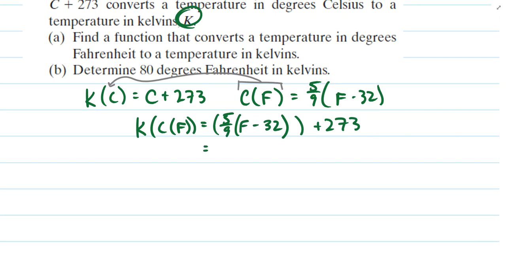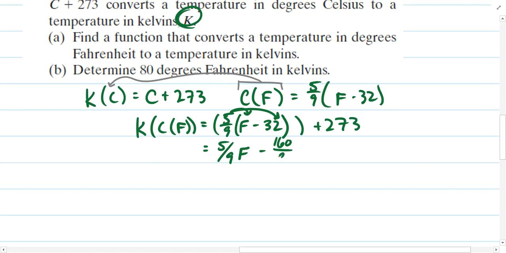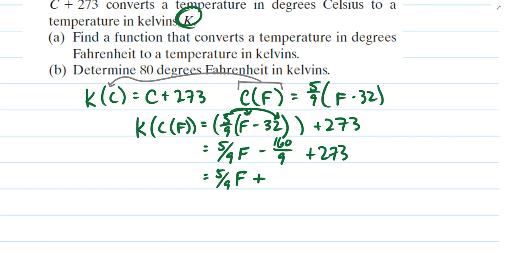Depending on the level of precision in which this computation needs to be performed, it might be worthwhile to distribute the 5/9 into these two components and then combine like terms. So we'd have 5/9 Fahrenheit minus 160/9 plus 273, which would be 5/9 Fahrenheit plus, and this produces a pretty strange fraction, but that's 2297/9.